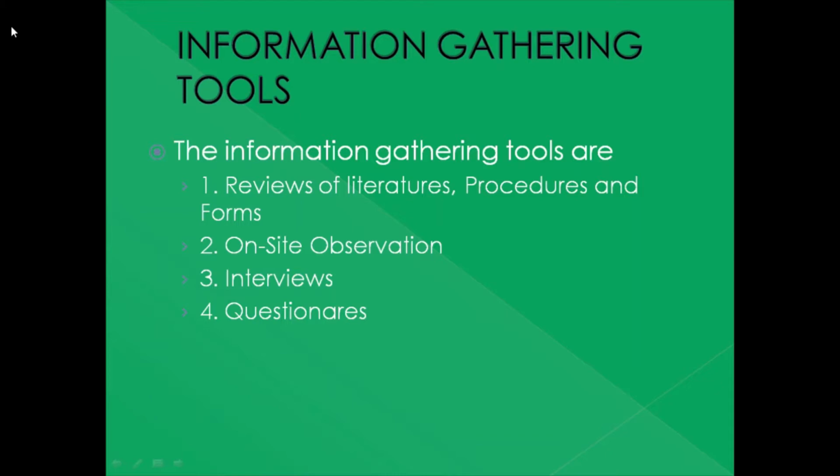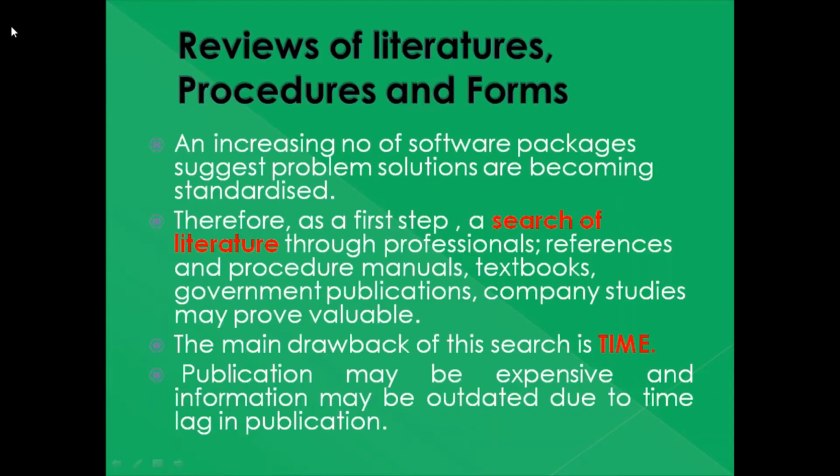So, in this video, we'll be discussing these 4 information gathering tools. I repeat once again: review of literature, procedure and forms, on-site observation, interviews and questionnaires. So let me come to the first one, reviews of literature, procedure and forms.